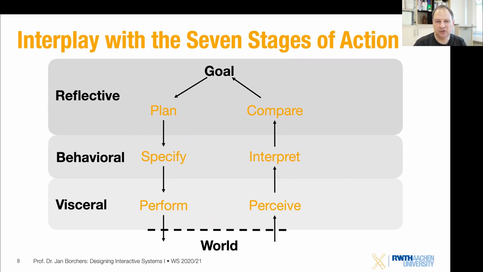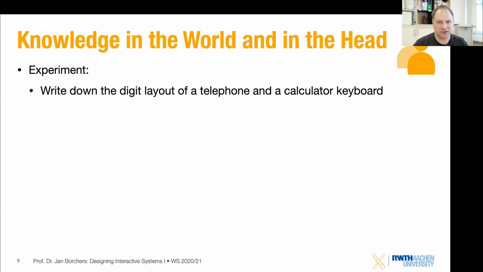So everybody, you need to take out a piece of paper and a pencil, or your favorite electronic drawing pad, and without looking at any of your devices or apps, just from memory, real quick, draw the layout of a keypad or keyboard from your telephone.